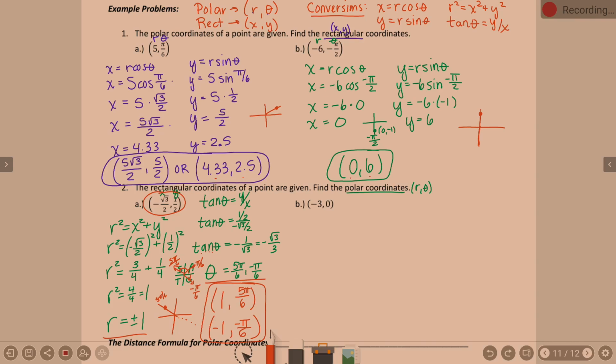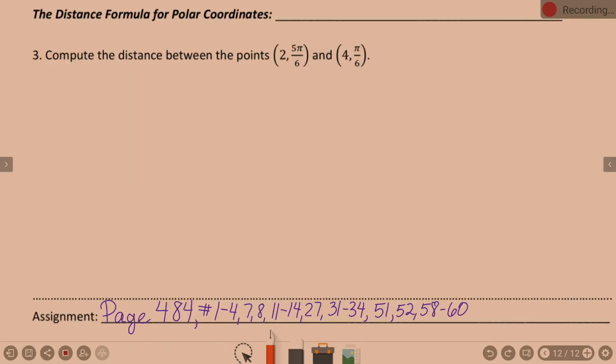B, I might try to later today make a video to finish B, or I'll see what I get through in 5th hour. Real quick, distance formula. You can find it in your book, but it's the distance formula for the distance between 2 polar coordinates. It's kind of like the distance between 2 points.